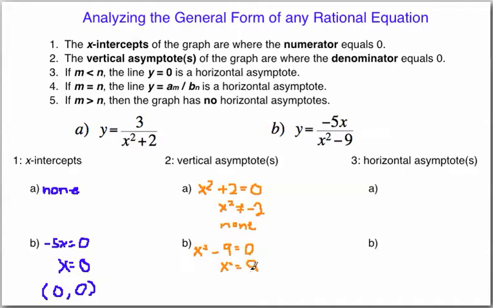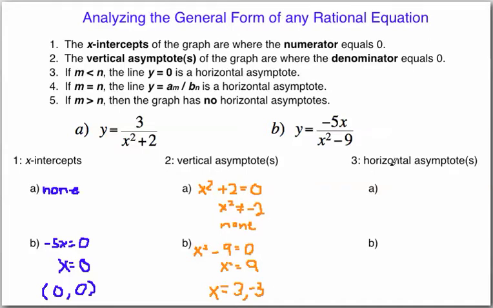We take the square root of both sides, and x is both positive 3, because positive 3 squared gives you 9, and negative 3, because negative 3 squared also gives you 9. So there are going to be 2 vertical asymptotes, one at x equals 3 and one at x equals negative 3. We'll look later at how you would graph those.